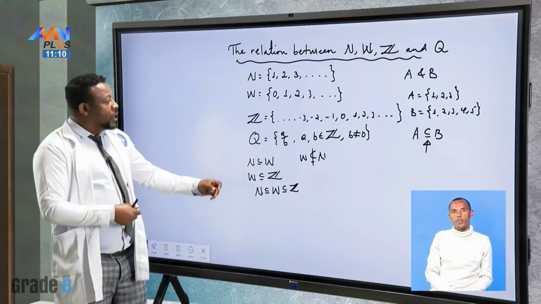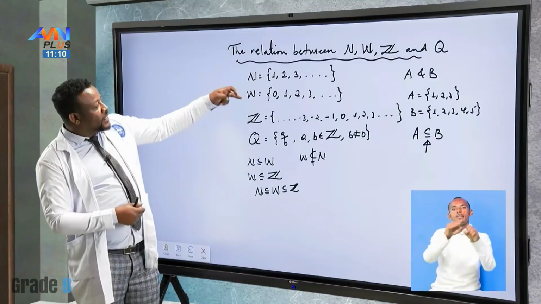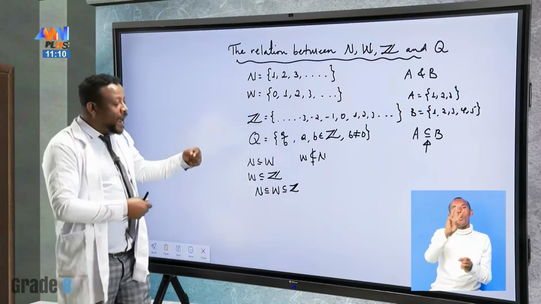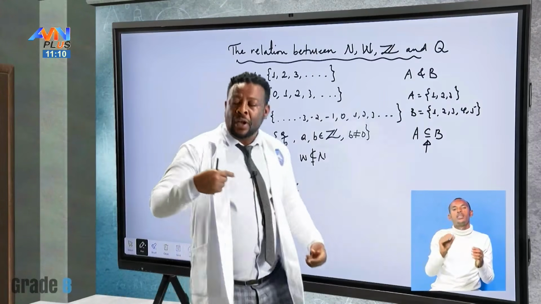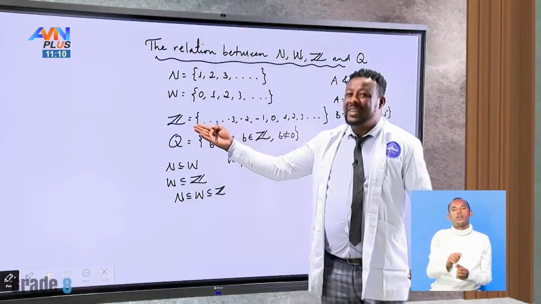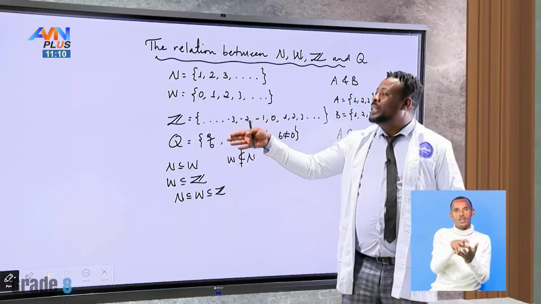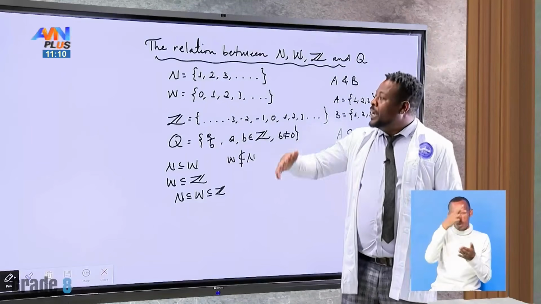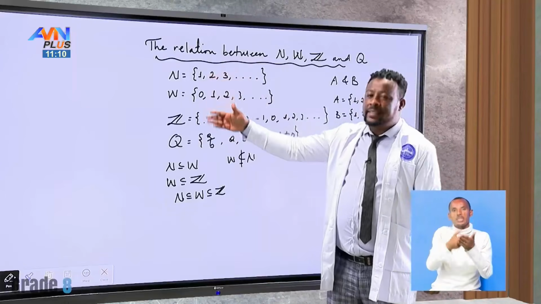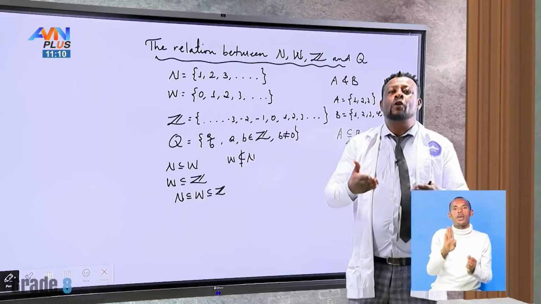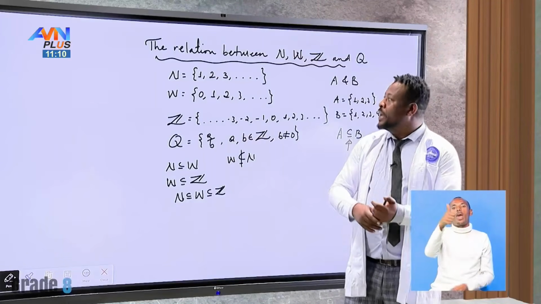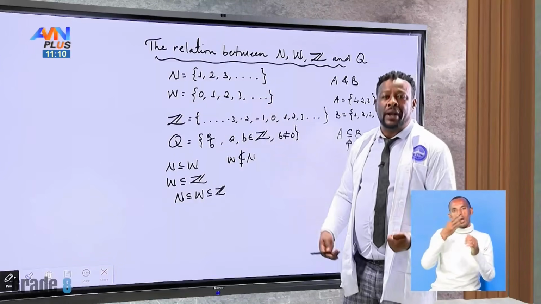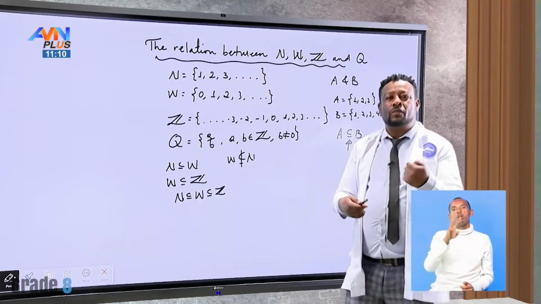So all these sets, the set of natural numbers, the set of whole numbers, and the set of integers, can be included in the set of rational numbers, because every one of these sets can be written in A over B form. Okay, 3 can be written as 3 over 1, or you can make it 6 over 2.